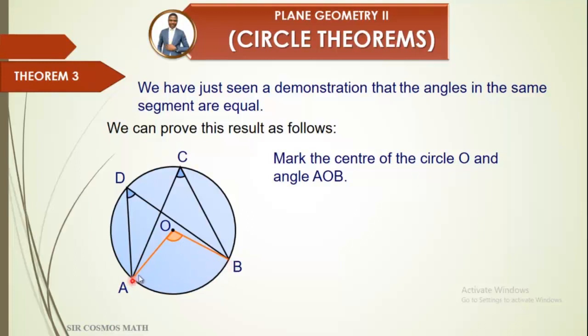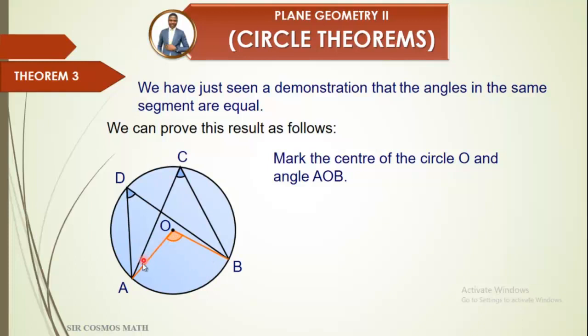Then we draw two radii, one connecting the center to point A, and another one connecting the center to point B. Remember, this is the center of the circle and this is chord AB. So this angle is at the center.